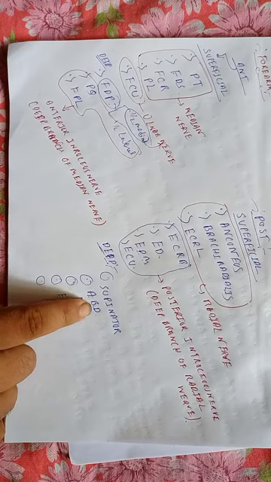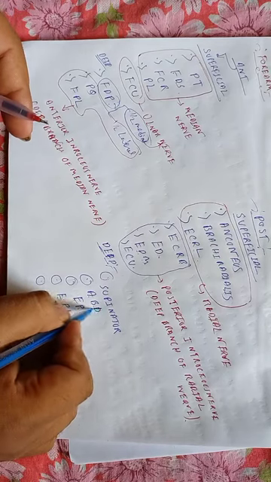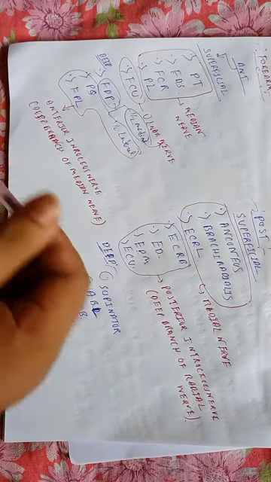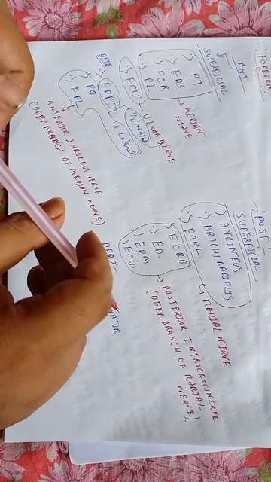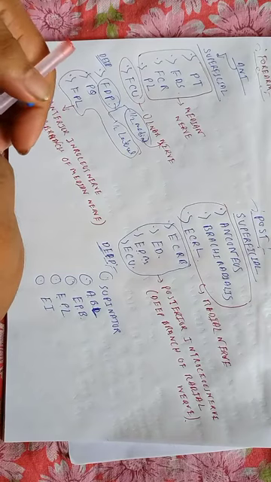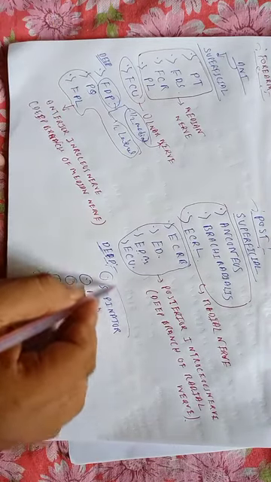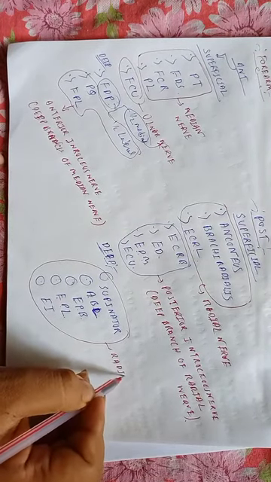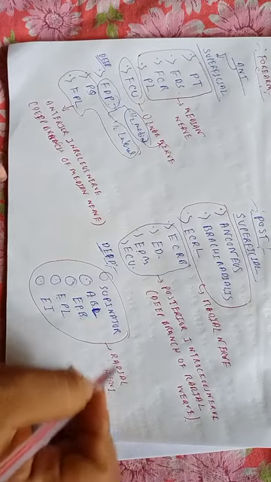Okay, this is supinator. Now all these muscles will be supplied by whom? By the radial nerve.